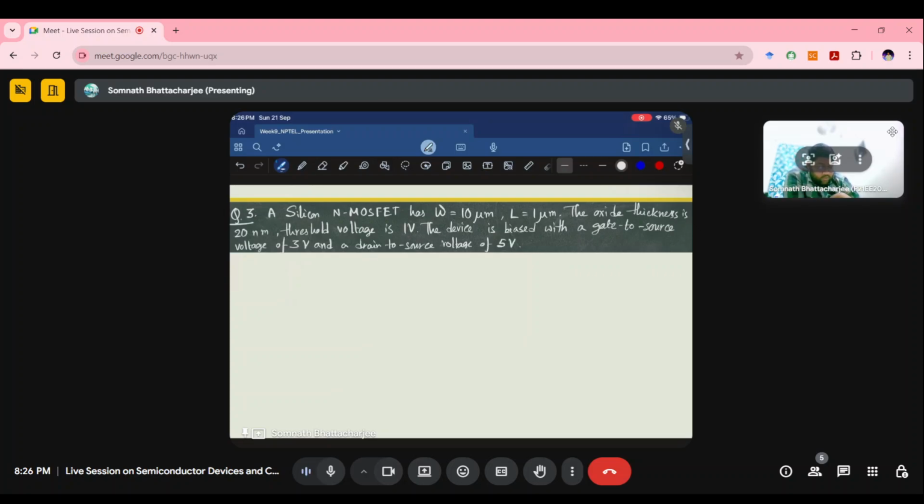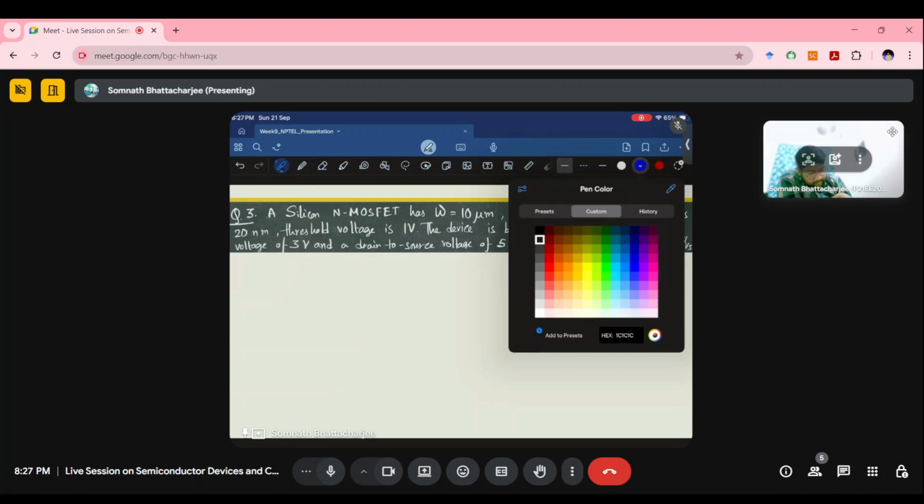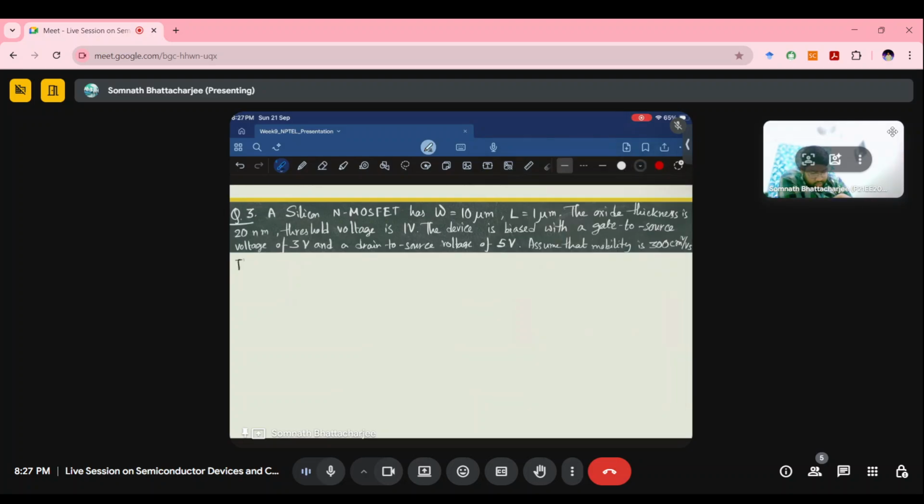Assume that mobility is 300 centimeter square per volt second. The MOSFET is biased in which region? So we need to find the operating region.